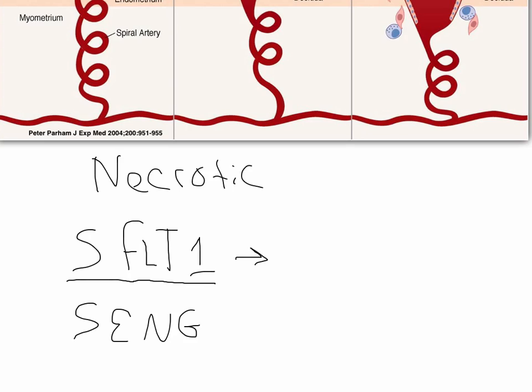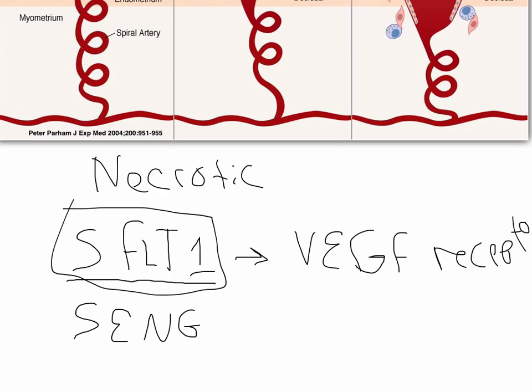This is basically a VEGF receptor. Whenever the VEGF receptor gene is alternatively spliced, it's called sFLT1. The other one is soluble endoglin, and this is a receptor for TGF-beta.